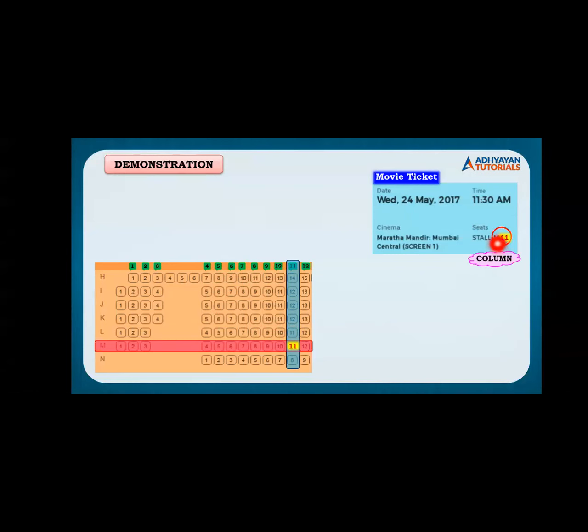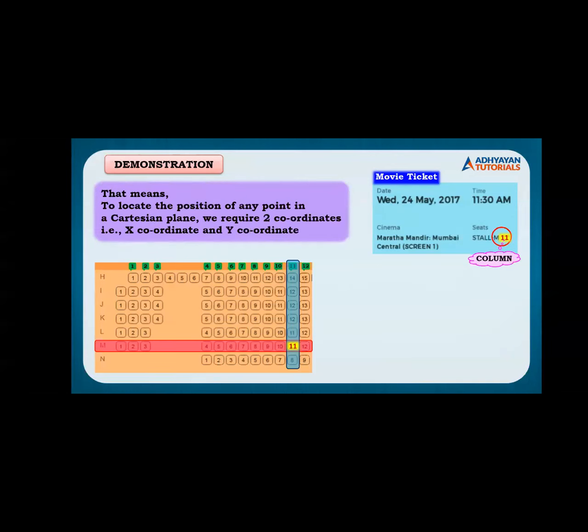One was which row, the other was which column. So basically row and column is what we needed to locate the seat. Likewise, in a coordinate system, to locate any point in that system, we need two things: x coordinate and y coordinate. Such a system is known as the Cartesian plane as well as the Cartesian coordinate system. I hope that is clear, children.